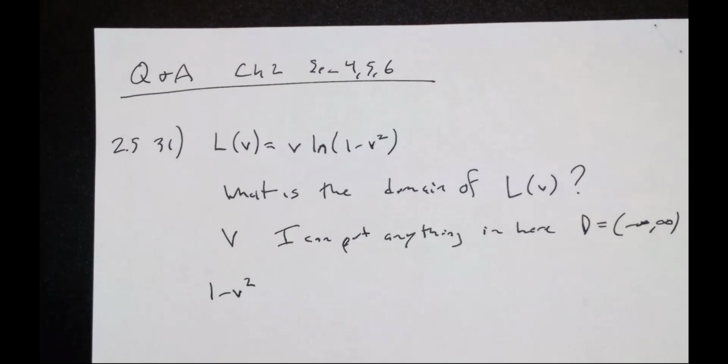Say again? Because the inside of the natural log must be. I'm not dealing with the natural log. Just look at ln of 1 minus v squared. Just look at the 1 minus v squared part. Just that part, you said the domain is all real numbers. Why is the domain of that all real numbers? Because it's a polynomial. I can plug anything I want into polynomials, right? That's a quadratic.